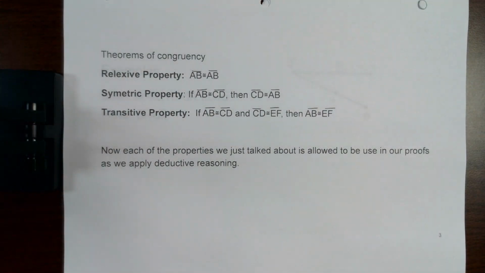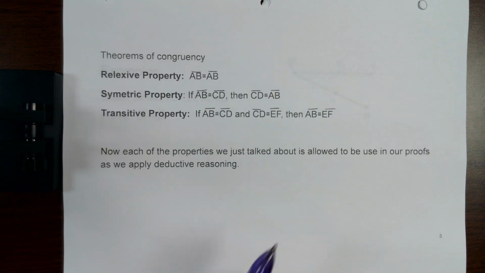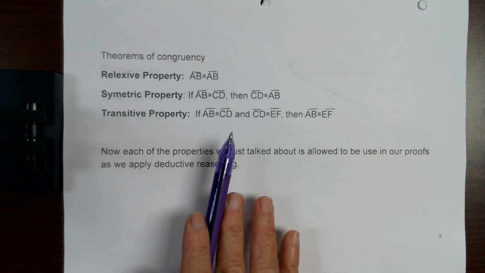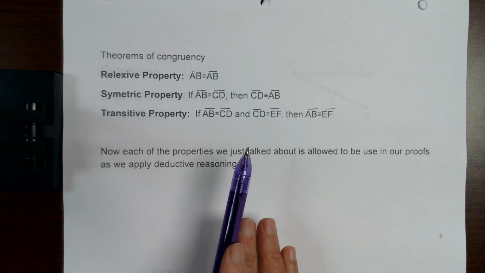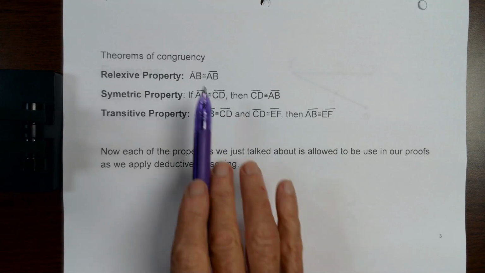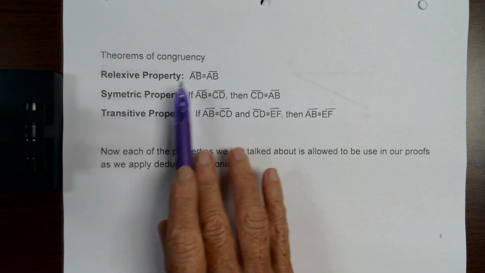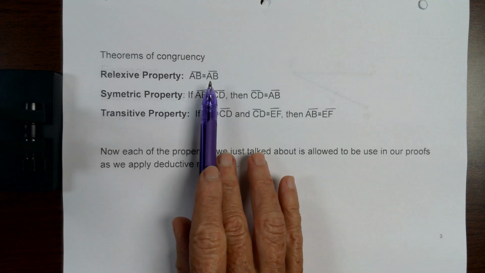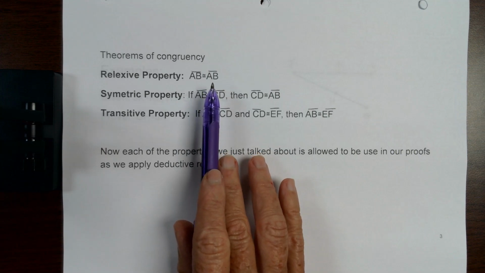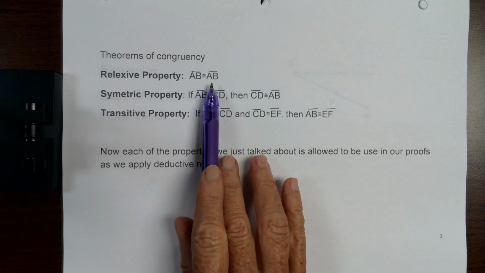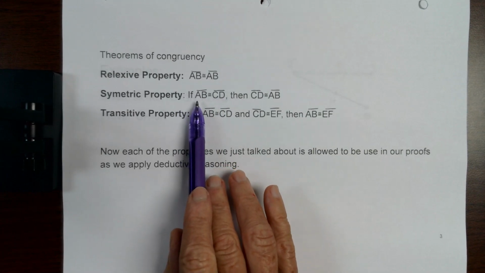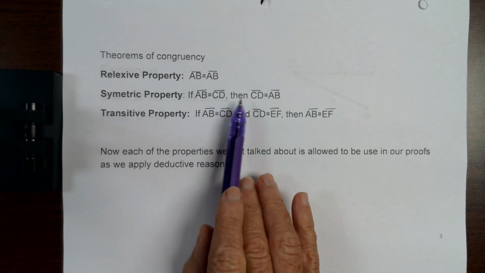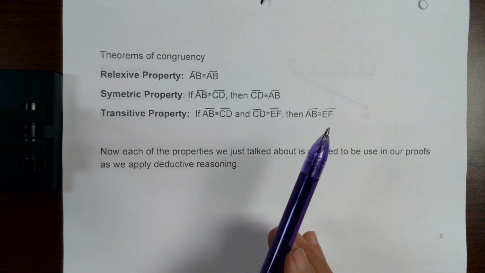Theorems of congruency. Basically, you've had these before, but they haven't had the congruency on them. They've been theorems of equality. So all that has changed on reflexive property is I put a congruency mark there rather than an equal sign. So AB is congruent to AB. Symmetric property, if AB is congruent to CD, then CD is congruent to AB.